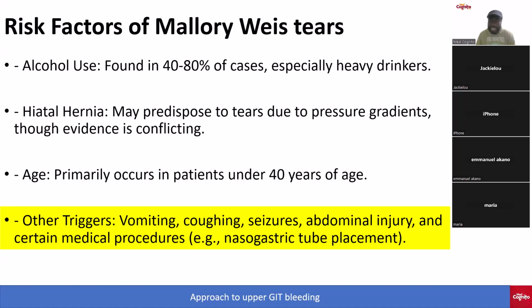What I'll rather say is that maybe the patient had a seizure, and after that, the patient noted some blood in the mouth and on the dress. He did not bleed from any other place. The patient is hemodynamically stable. Another one can be abdominal injury, maybe a forceful abdominal injury forcing the patient to vomit, right? And certain medical procedures like passing an NG tube.